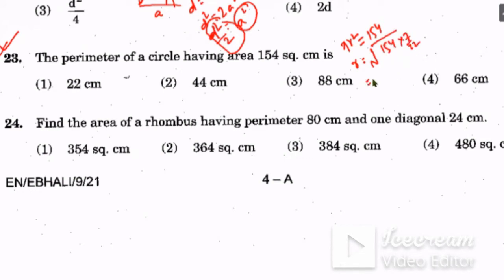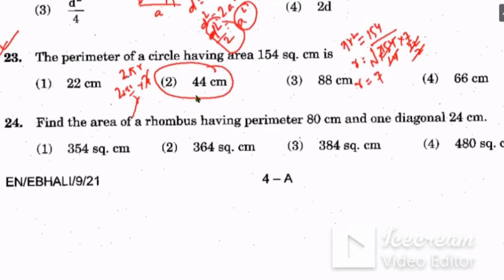Then you can divide it by 22. If you don't know, you can divide it by 11 also. 11 ones are 11, 11 fours are 44, and 11 twos are 22, 2 sevens are 14. So 7 into 7, then r is equal to 7. So you get the radius, then you can easily find the perimeter of the circle, 2 pi r. That is 2 into 22 by 7 into 7. 22 into 2 is 44 centimeters.